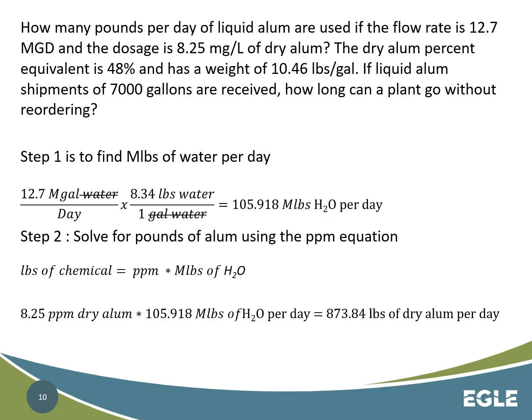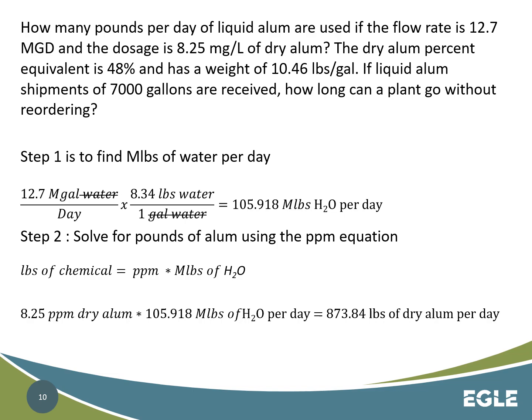We're given a dosage, 8.25 milligrams per liter of dry alum. We have our part per million, right? Our concentration. We have our 1,000,000 pounds of water. So now we can find how many pounds of chemical or how many pounds of dry alum we are using every day, right? We're setting it up so that we can use that percentage up on top of 48%, right?